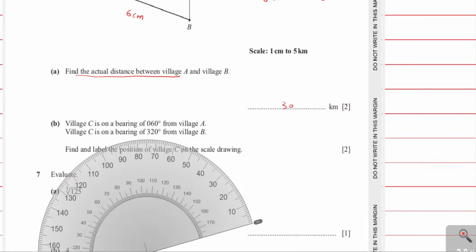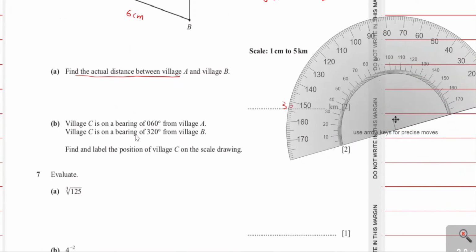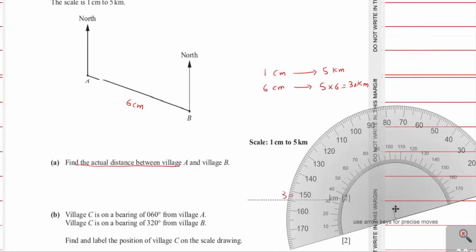Next, village C is on a bearing of 60 degrees from village A and on a bearing of 320 degrees from village B. We have to label the position of village C on the scale drawing.